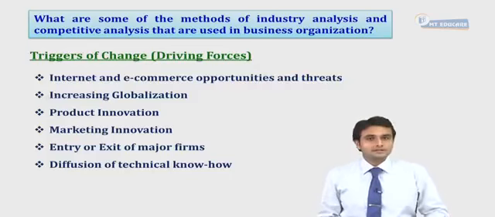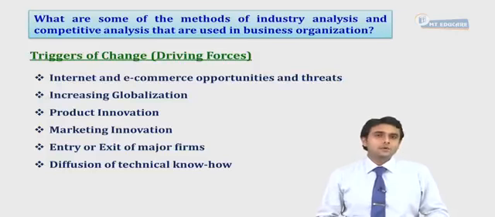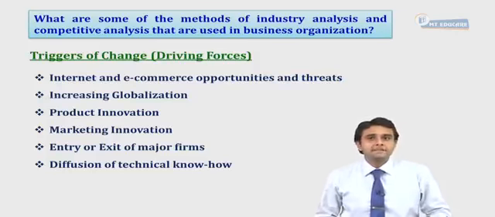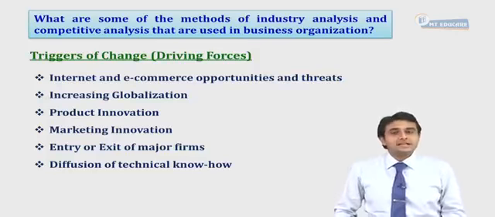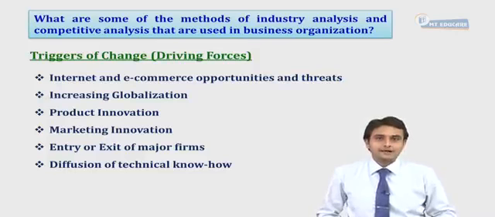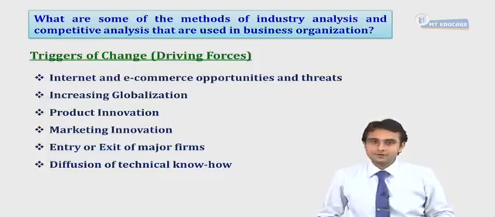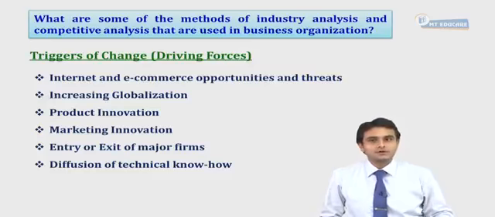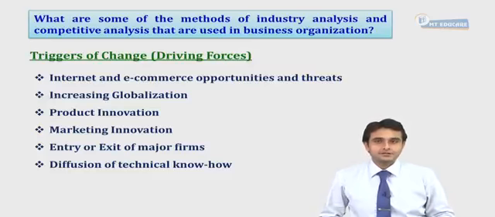Marketing innovation, we already discussed with an example of Xiaomi. Entry or exit of major firms definitely triggers a change. Exit of firms like Kodak, entry of firms like Amazon, Walmart, etc. definitely have an influence on the competition and trigger a change.